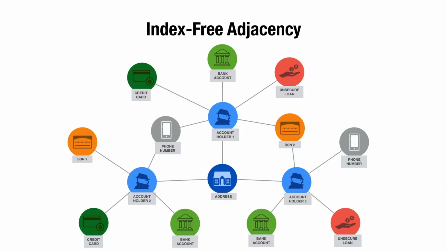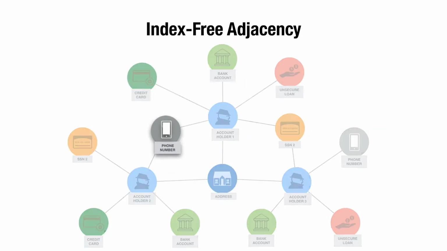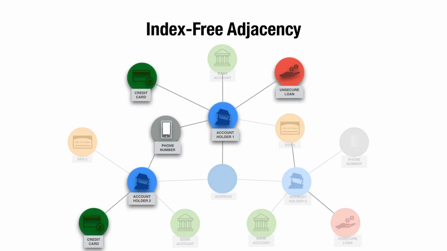If I'm trying to find the usage of a phone number here, I can do an index lookup and find the phone number, and then with index-free adjacency, navigate from the phone number to the account holder, to the credit card, to the unsecured loan, to the other account holder and the other credit card fairly easily, with essentially pointer arithmetic to traverse this graph.